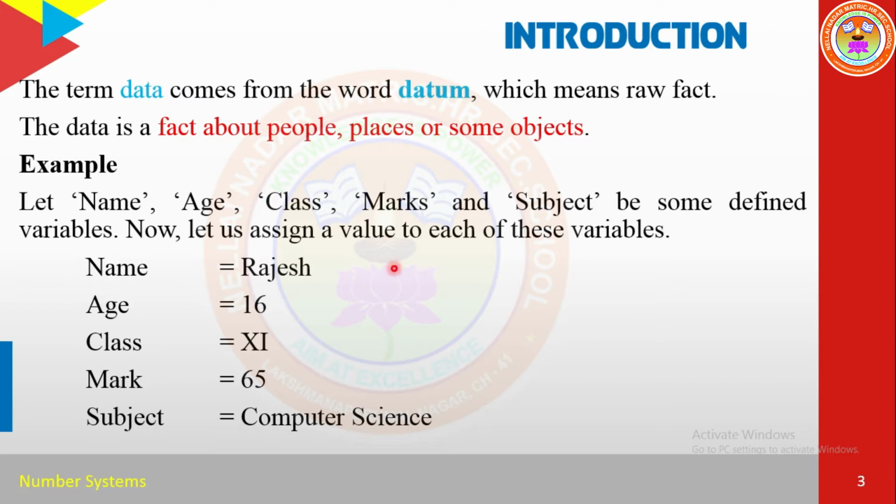In mathematics, you already studied the algebra concept, with letters like x and y, a and b. You used these alphabets many times in mathematics up to 10th standard, right? These x and y, a and b are called variables. Define variable, if anybody knows.